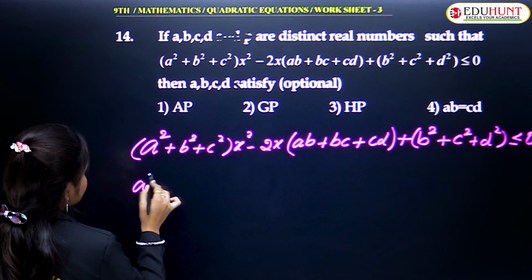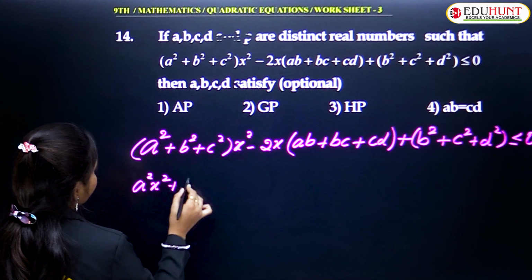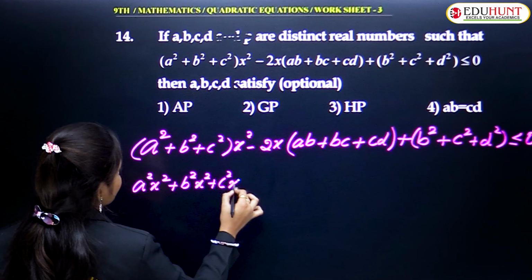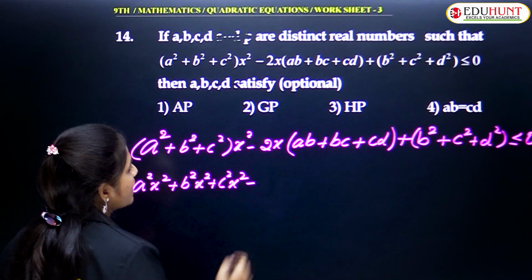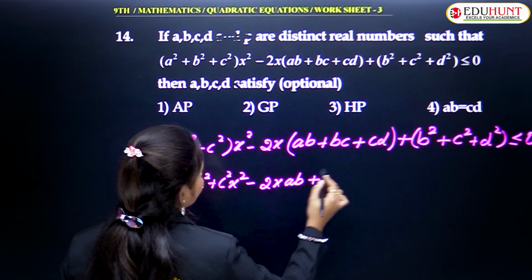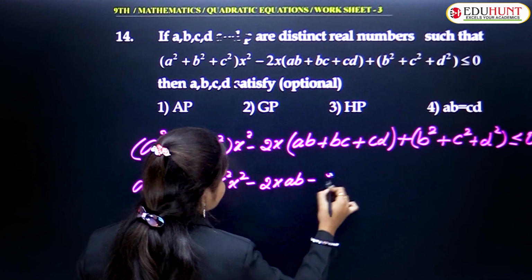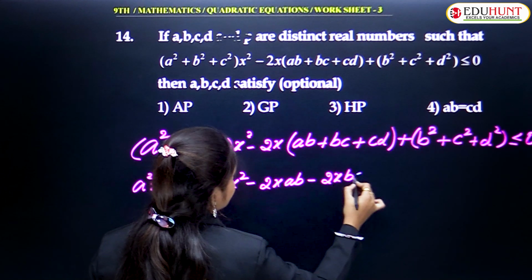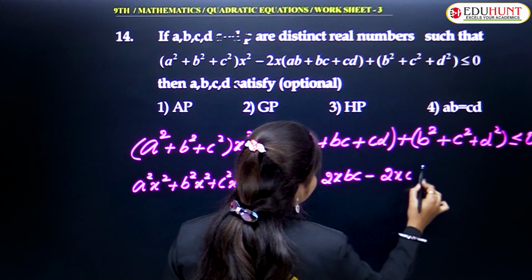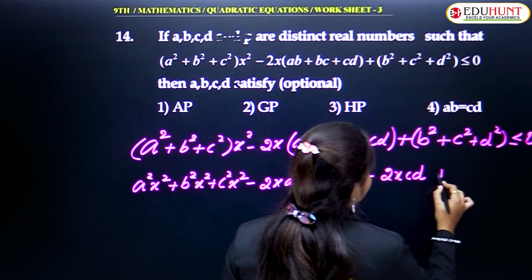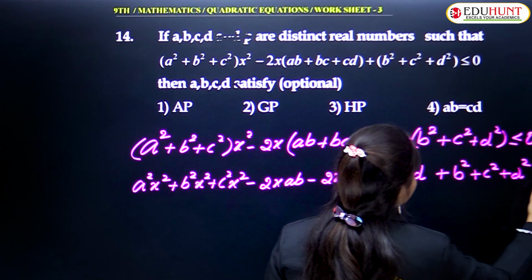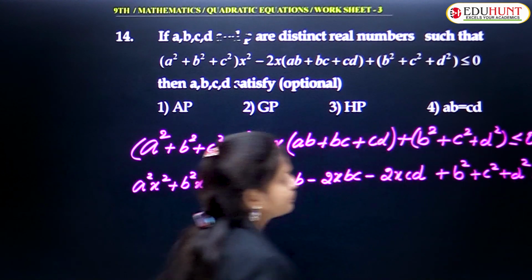A square X square plus B square X square plus C square X square minus 2X AB minus 2X BC minus 2X CD plus B square plus C square plus D square is less than or equal to 0.